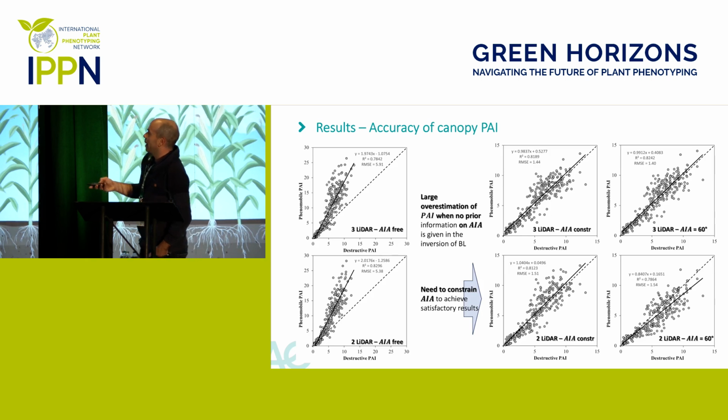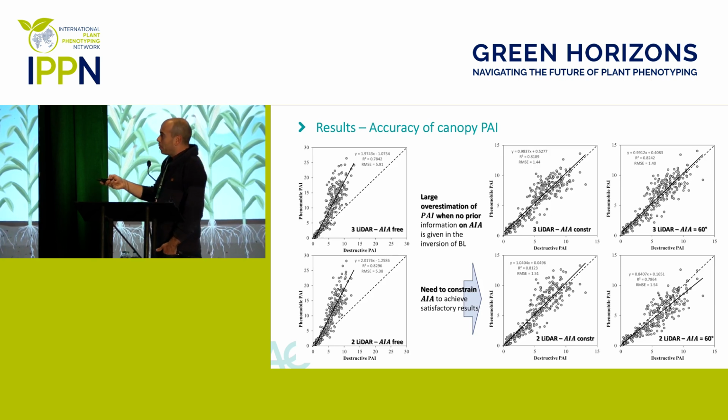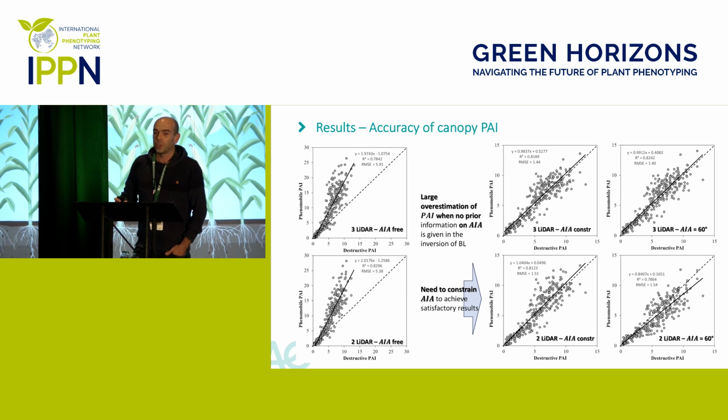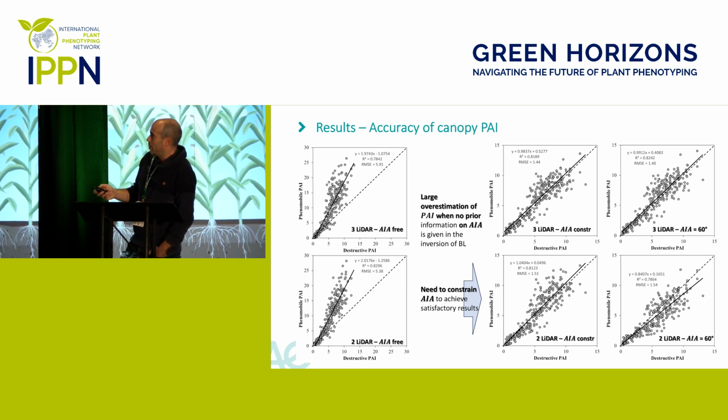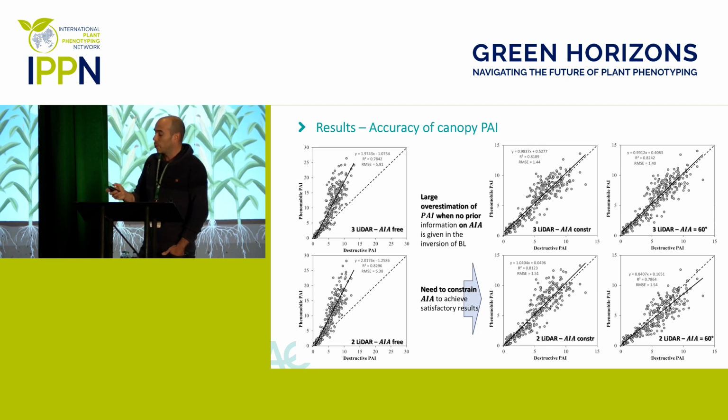So the results indicate that the hypotheses on the average inclination angle are extremely important. When we let the average inclination angle vary freely, we have a massive overestimation of the plant area index. I will explain later why.